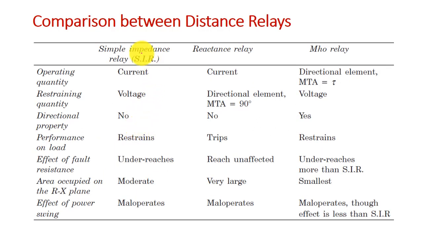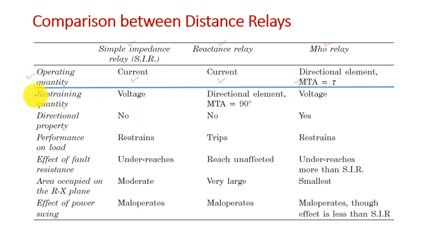We have seen that we have three types of important relays in distance protection. One is the simple impedance relay, the reactance relay, then the Moore relay, right? And we have seen that the operating quantity for the simple impedance relay is current, and it is the same for the reactance relay. For the Moore relay, the operating quantity is the directional element where voltage and current both are involved, and MTA can be adjusted according to the requirement.